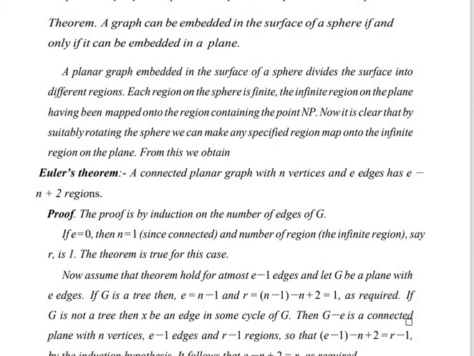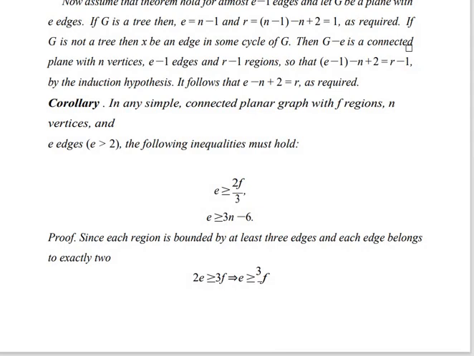If G is not a tree, let X be an edge in some cycle of G. Then G minus X is a connected plane graph with n vertices, e minus 1 edges and R minus 1 regions, so that e minus 1 minus n plus 2 equal to R minus 1 by the induction hypothesis. It follows that e minus n plus 2 equal to R as required.